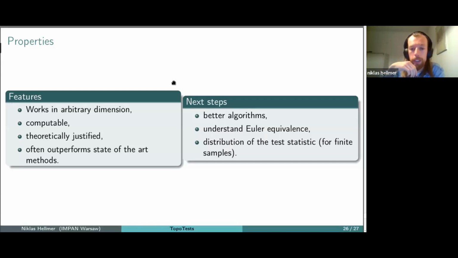We don't have that because our test statistic is very much dependent on the null distribution, whereas for Kolmogorov-Smirnov, perhaps a bit of a surprise, the test statistic does not depend on the underlying distributions. And so this is notoriously hard. So maybe that last step is further in the future than the others.